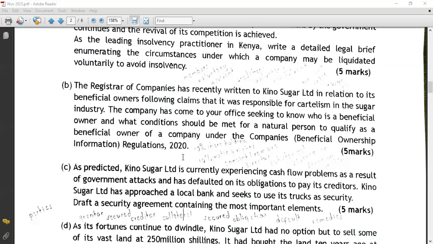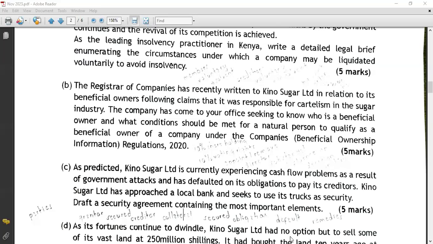So here there are four points, and if you combine them with the definition of beneficial owner, I think you get your 5 marks.